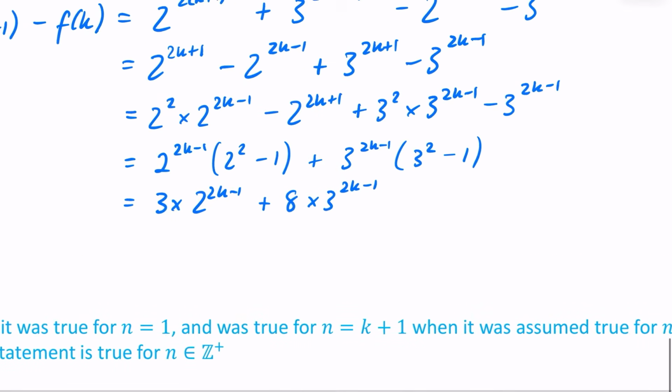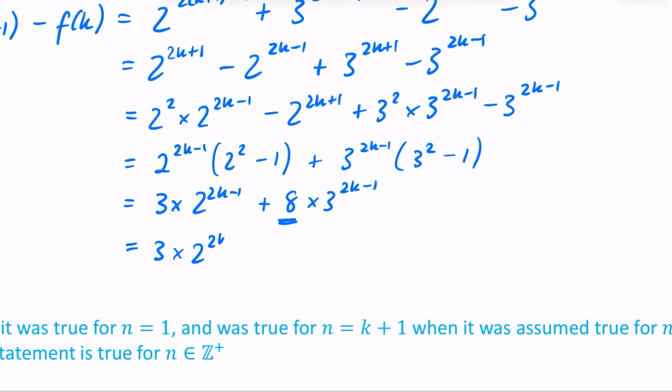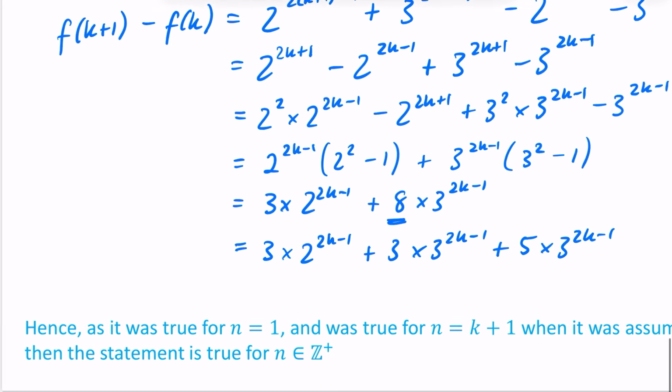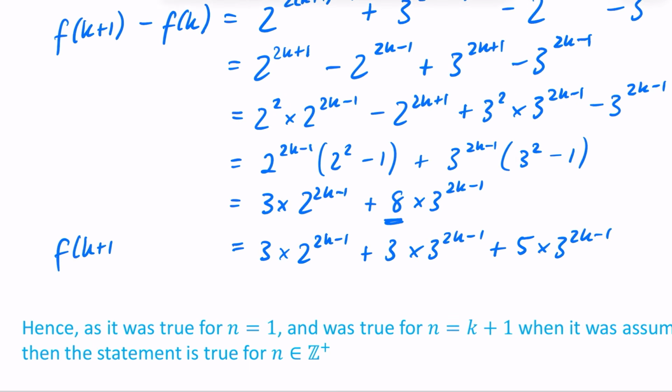So in this question, we can use a particular trick. We can split this 8 up into a 3 and a 5. So I can say it's 3 lots of this plus 5 lots of this. This is what f of k plus 1 minus f of k is equal to.